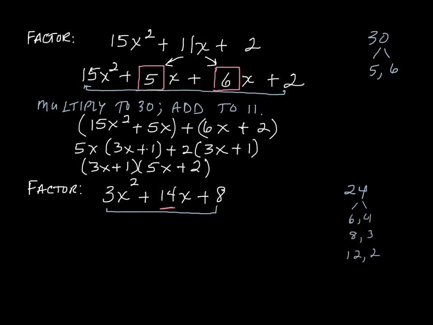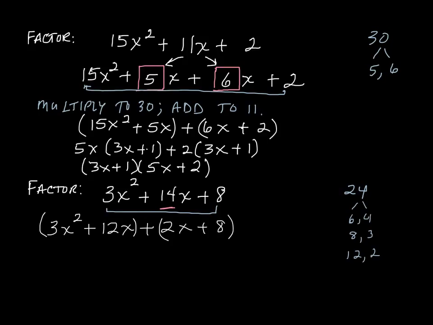So I rewrite the whole thing: 3x squared plus 12x plus 2x plus 8. Okay, so then I want to group them with parentheses and then factor out what's common to each binomial.